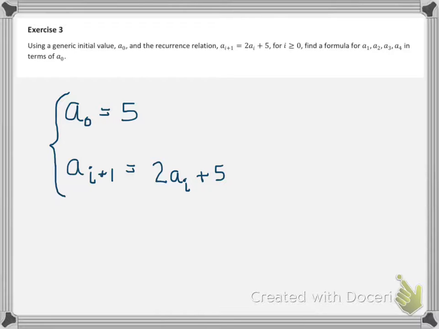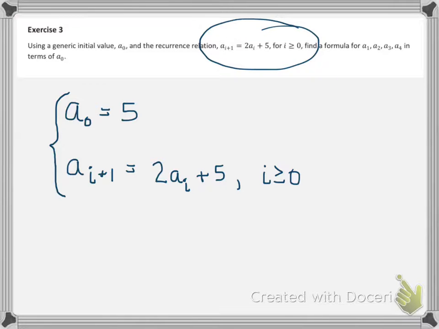And then I would want to say, as long as i is greater than or equal to 0. It's got to be a positive number. All right, so there is our recursively defined sequence, which you also see right here.